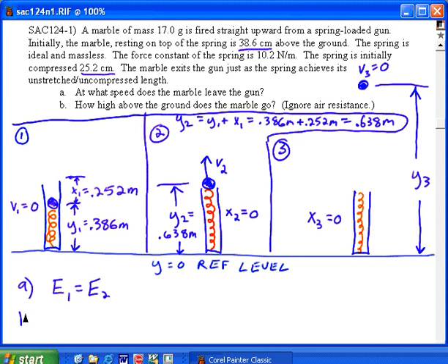E consists of the kinetic energy plus gravitational potential energy plus spring potential energy. And that's all for picture number 1. And we get the same situation for picture number 2.